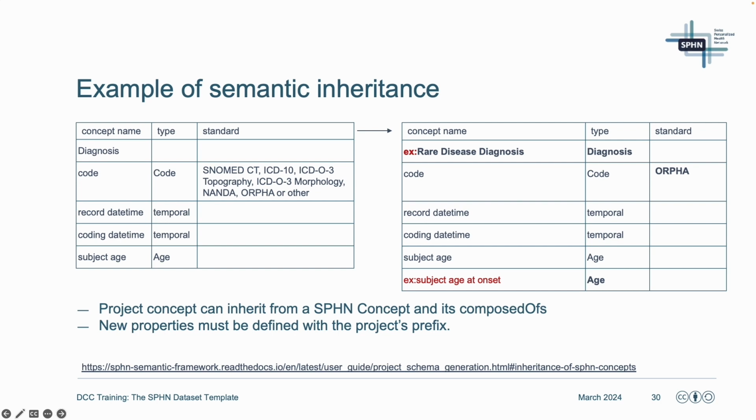The project is free, though, to narrow down the value sets or cardinalities as it fits for that specific concept. For this inherited concept, a project is free to add additional project-specific information that is needed. Like, for instance, here you have a subject age at onset that has been added to the rare disease diagnosis, which was not present in the diagnosis.